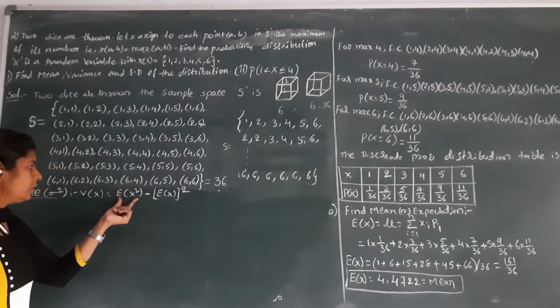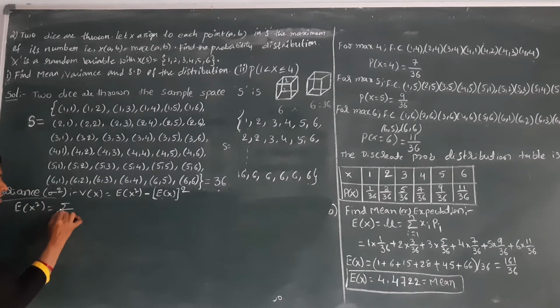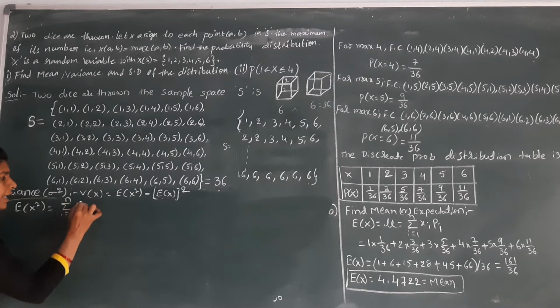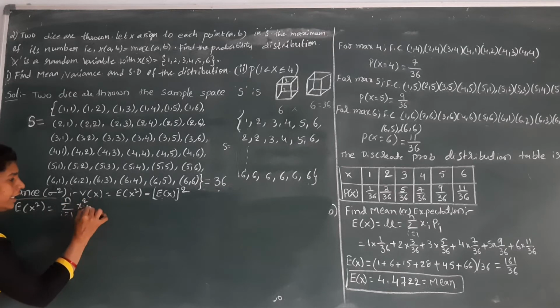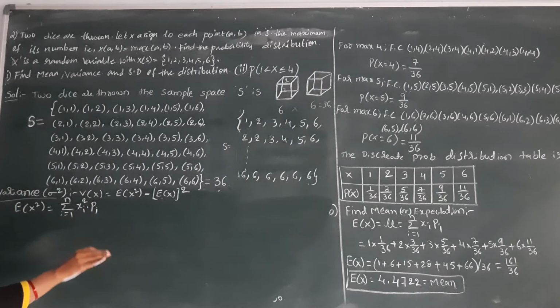Now we have to find the E of x square value. So we know the formula. E of x square equals summation i runs from 1 to n, xi square into pi. This formula comes from the expectation formula only.